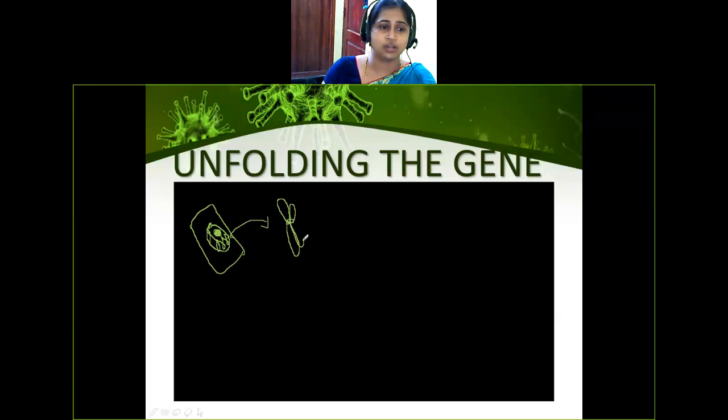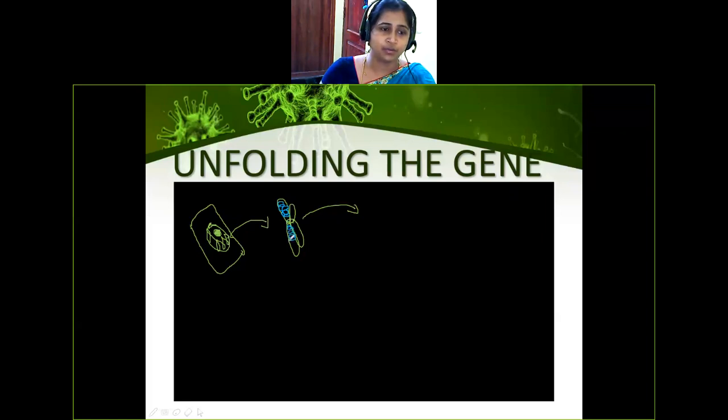And this you call chromosomes. And inside the chromosome, something will be compressed. I think it is a double helical structure. Just guess what it is. The double helical structure I showed in the beginning. It is nothing but the DNA. It is coiled and compressed inside.